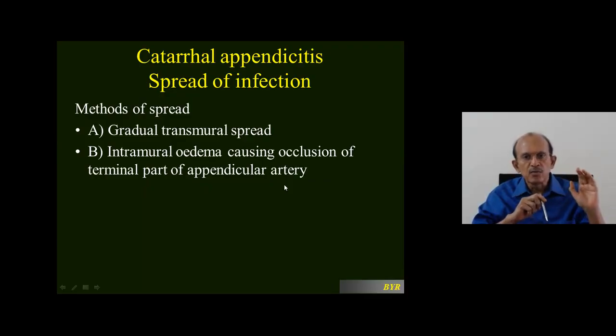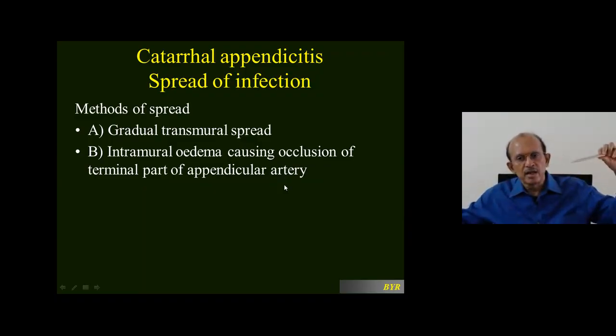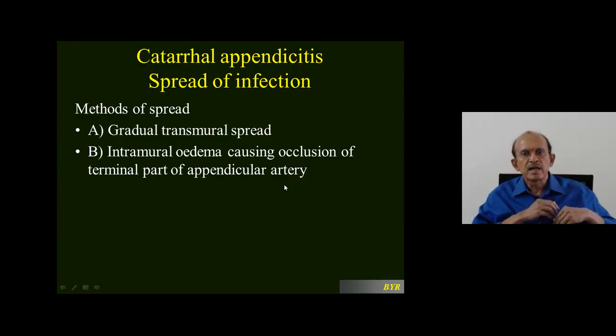Reduced blood flow along with surrounding inflammation produces vasculitis. This vasculitis causes thrombosis. Or even without thrombosis, when the vessel is elongated, the diameter becomes reduced, and that can cause decreased perfusion of the appendix, and it causes gangrene.